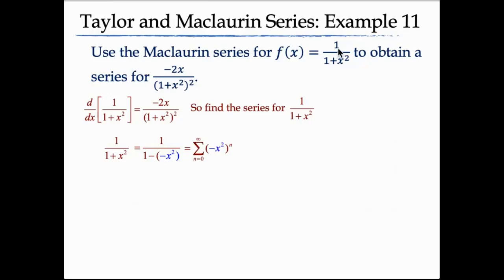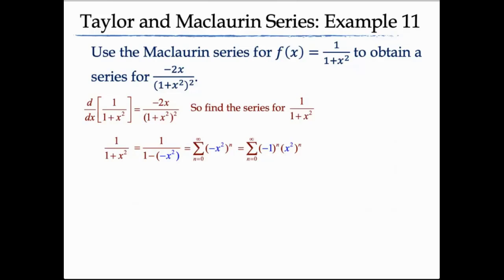We could also just find 1 over 1 plus x, and we'll see that it actually is alternating. Then we could substitute in our x squared, and then we could get this. Now, most functions that we deal with won't have that form. But if it has that form, this is the one case where we could use this shortcut.